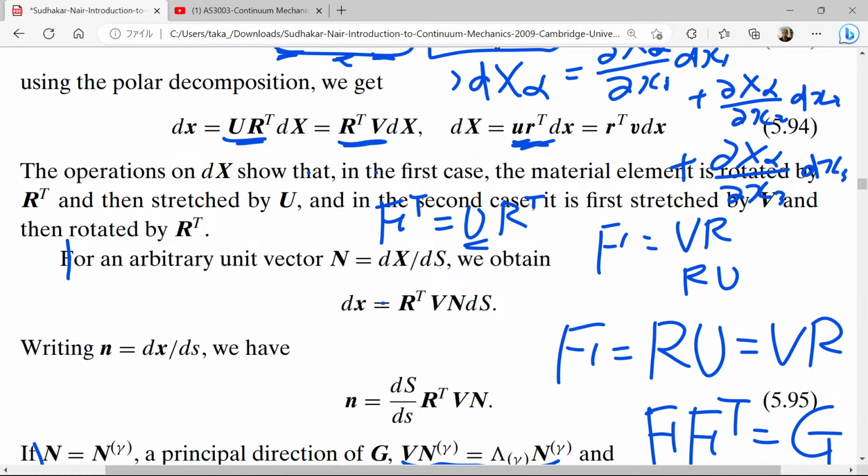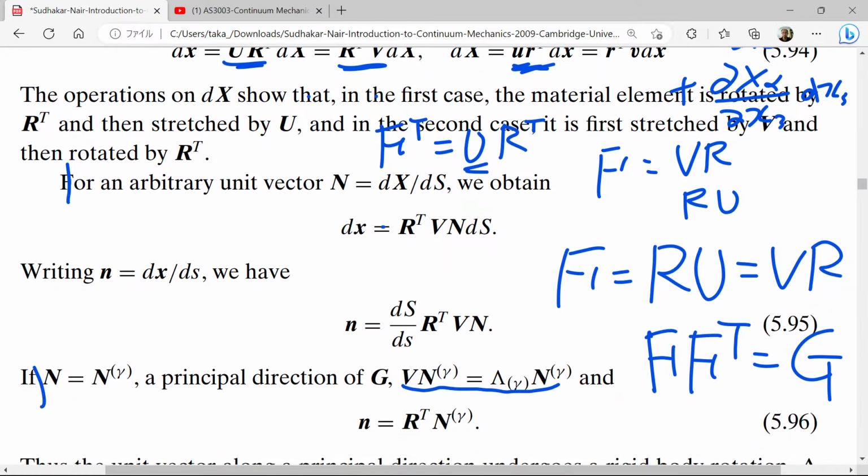We have small n unit vector equal d large S divided by d small s, R transpose Vn.